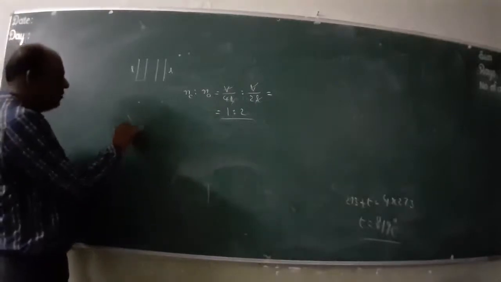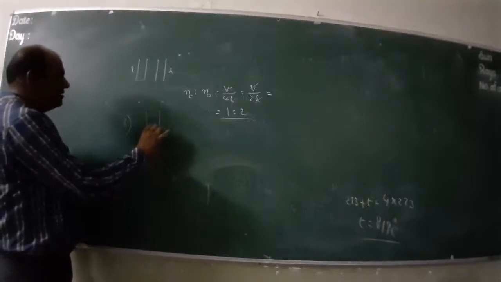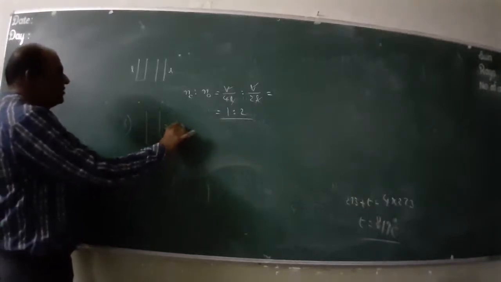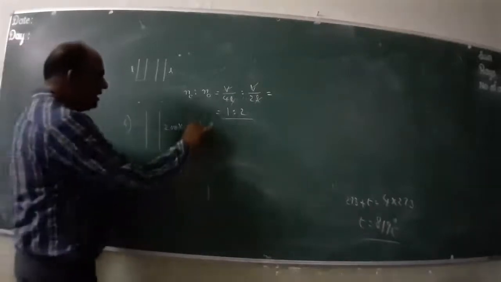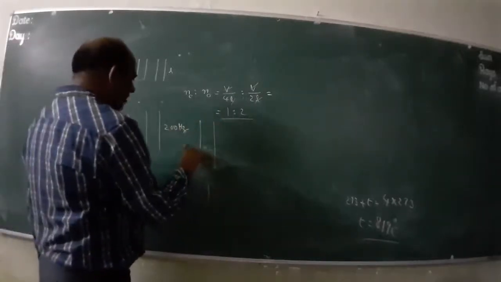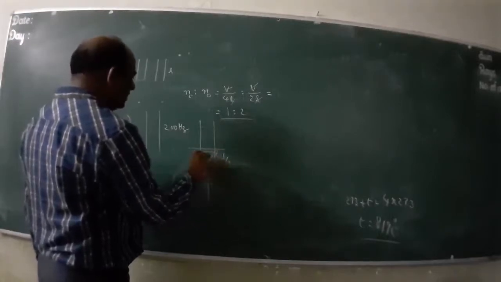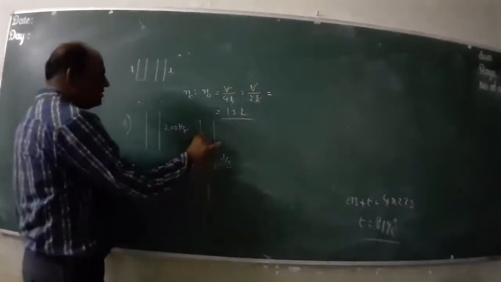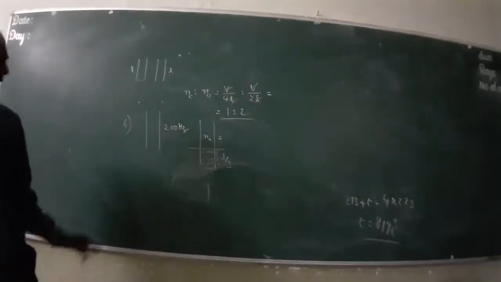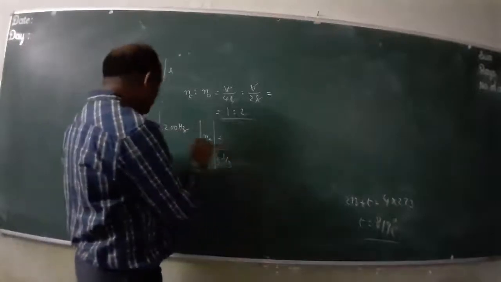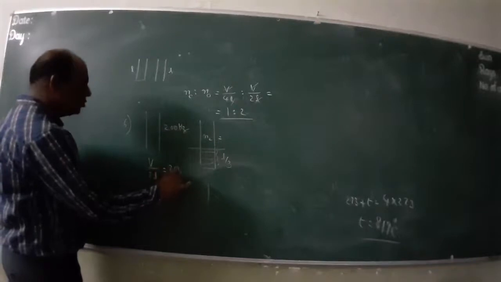Next problem: an open pipe has a fundamental frequency of 200 Hz. Now it is immersed in water such that 1/3 of its length, L by 3, is inside the water. Find its new fundamental frequency. So V by 2L is equal to 200.